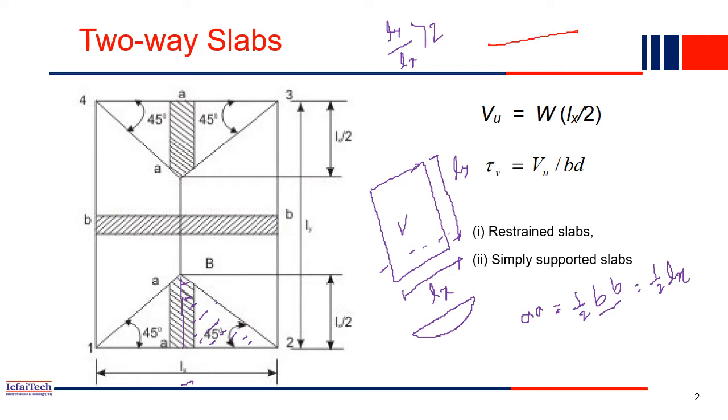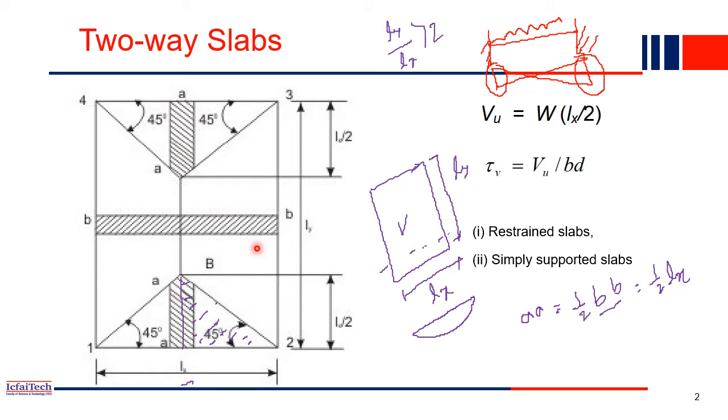If you have a beam, it may be a cantilever or whatever, and loads are applied, UDL or point or whatever, the shear force diagram of this beam will be something like that. You can see the shear force is always maximum near the support, right? Near the edge or near the support, shear stress is maximum. Similarly, here also the shear stress will always be maximum near the support, near the edge. That's why we consider only a section near the support, AA.